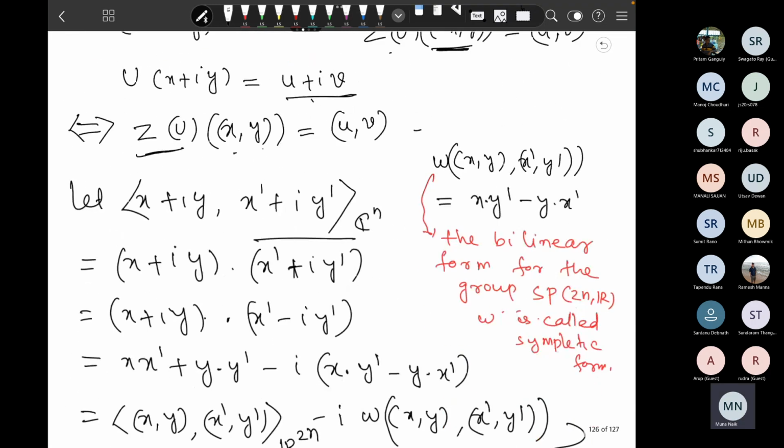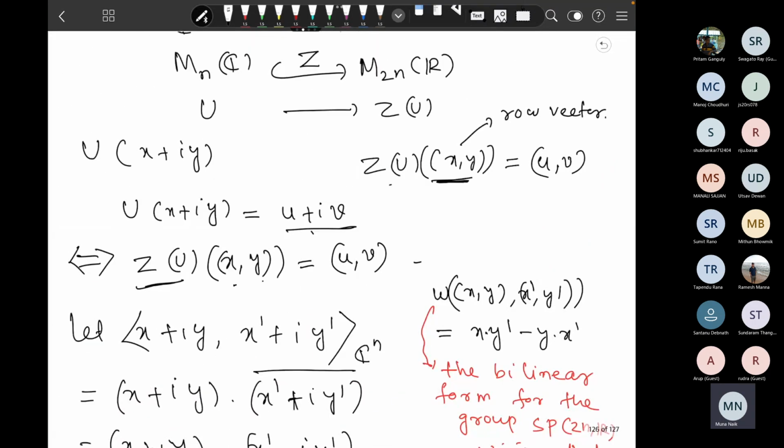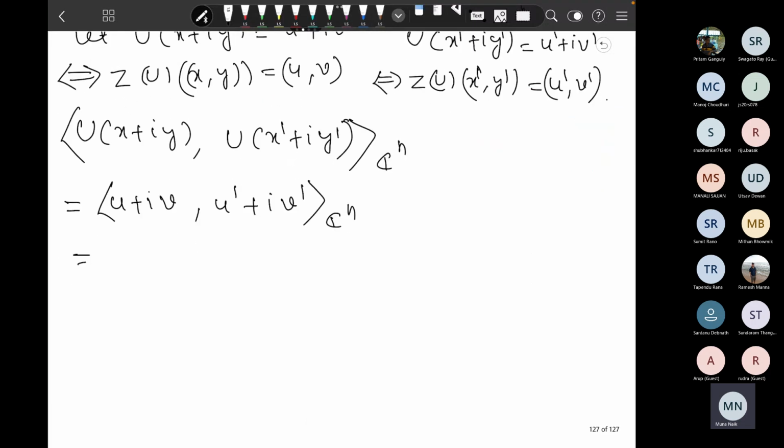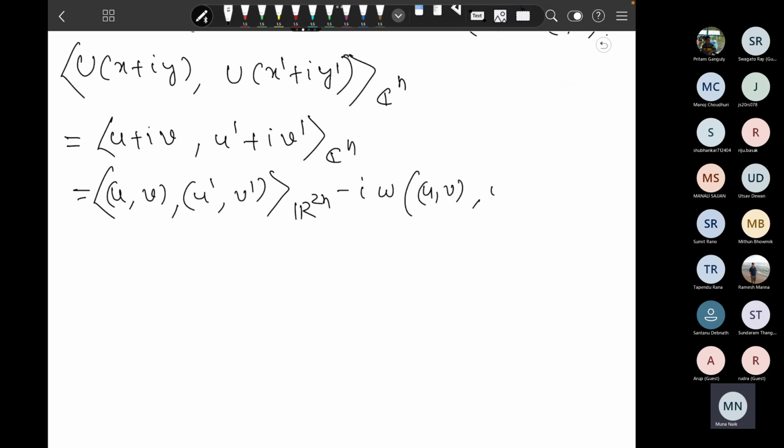But I will use this relation star. So I will get here the inner product of uv and u prime v prime on R2n minus i w of uv and u prime v prime.